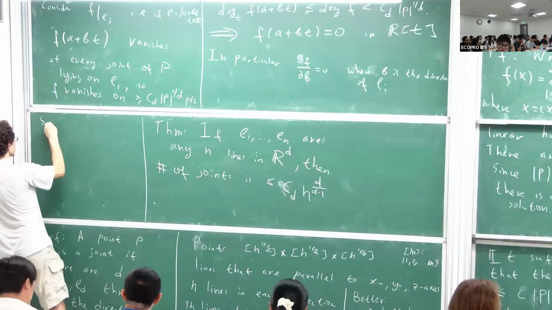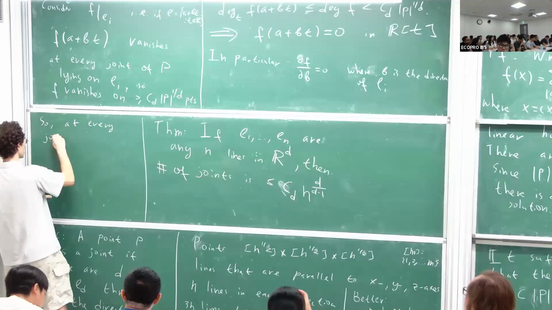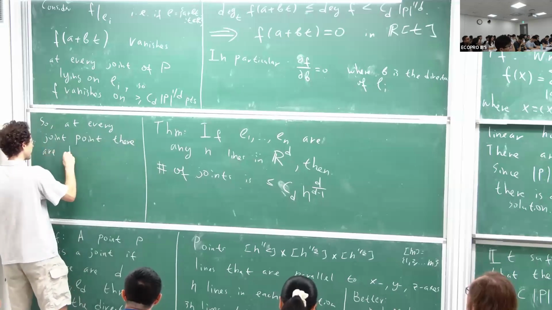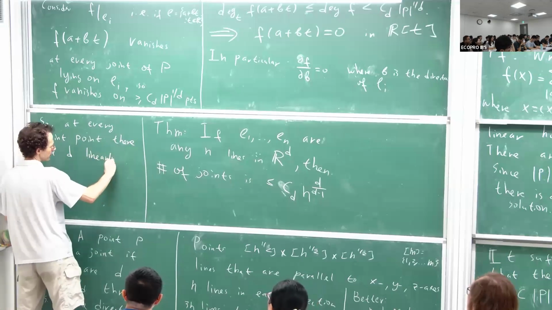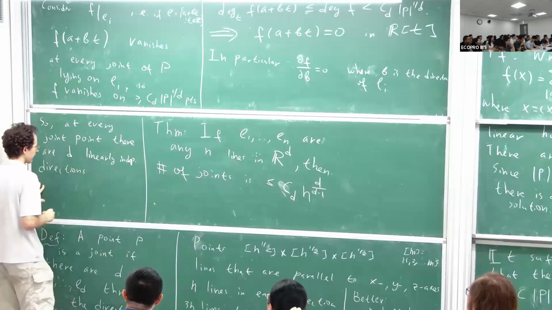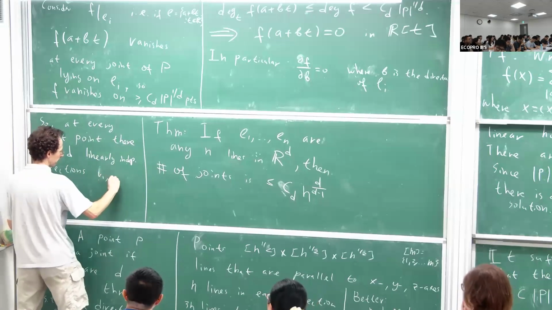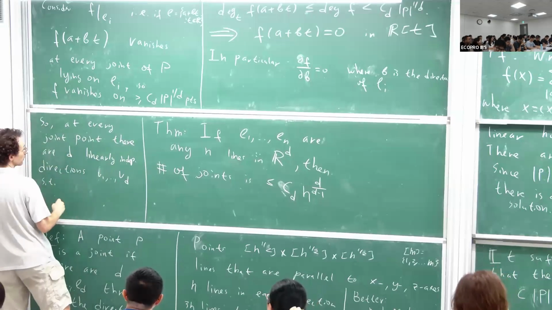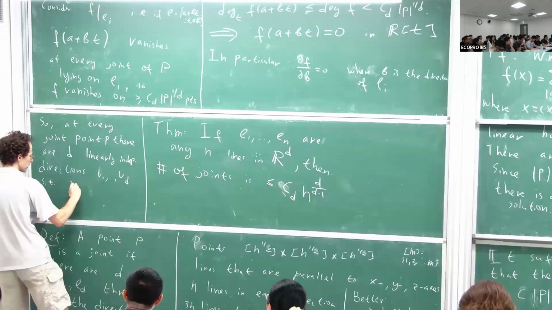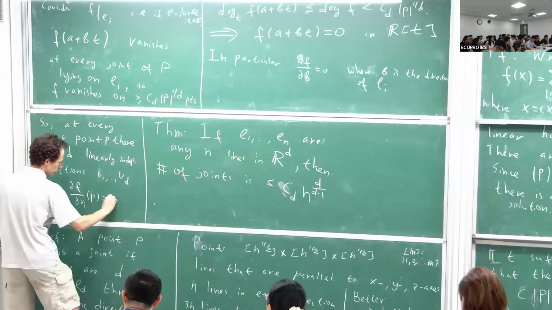At every joint point, there are d linearly independent directions, let's call them v1 through vd, at the point P, such that if I look at the derivative of F in this direction, evaluated at the point P, they're all zero.